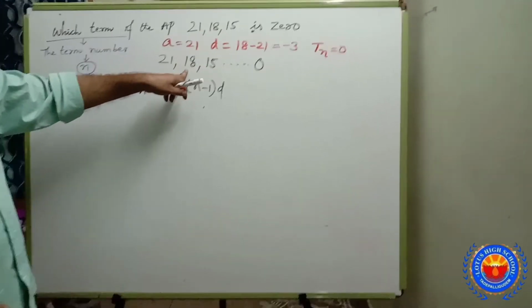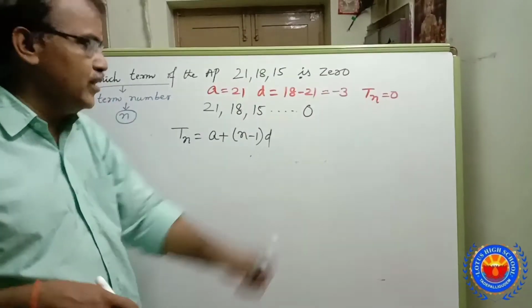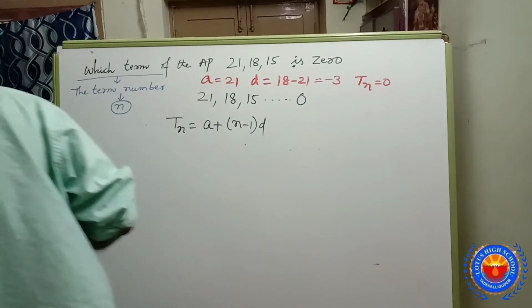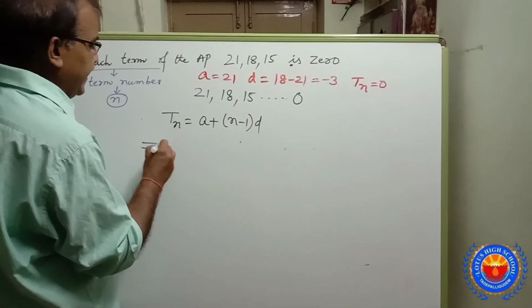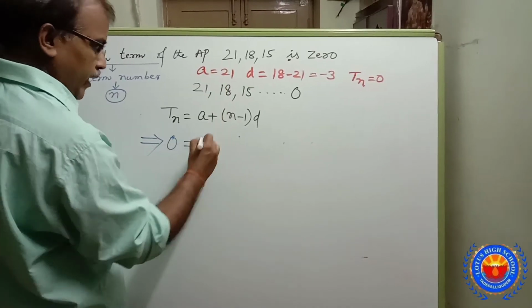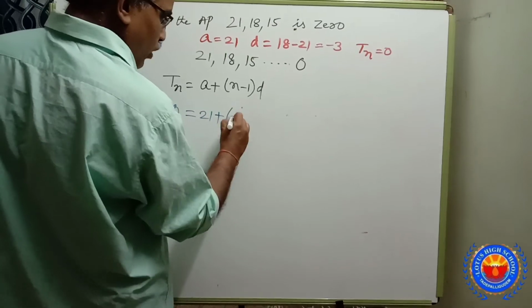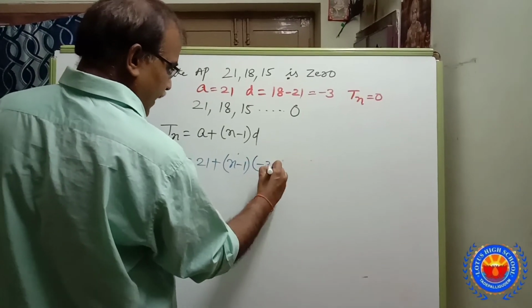First term, second term, third term, we don't know. That's why nth term, that is nothing but Tn is equal to 0. Substitute those values in this formula. Tn is equal to a plus n minus 1 into d. Nth term formula: Tn, 0, is equal to a, 21, plus n minus 1 d, minus 3.